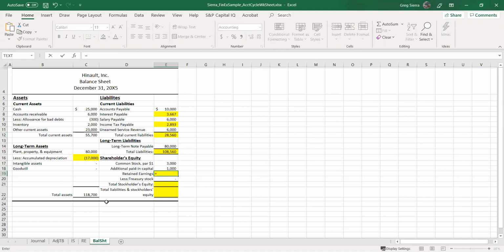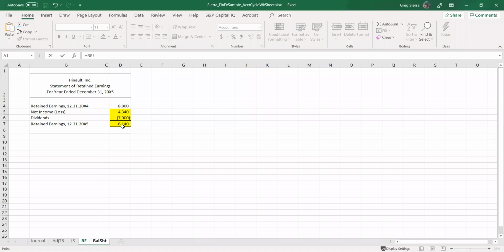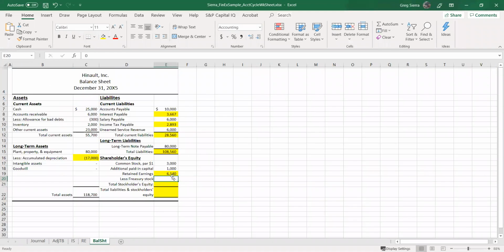Retained earnings, we'll take off the statement of retained earnings, 6140. It's an addition to stockholders' equity, and total stockholders' equity will equal everything from treasury stock through common stock. So finally, for total liabilities and stockholders' equity, we take total liabilities of 108,560. We add the total stockholders' equity of 10,140, and it balances.